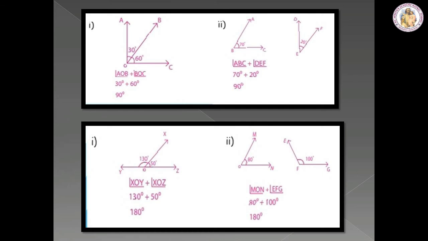The next picture, the same thing but they are given separately. 70 degree plus 20 degree, we will get the answer 90 degree. That is also complementary angles. The next picture, which is below, shows supplementary angles. Angle XOY is equal to 130 degree, XOZ is equal to 50 degree. 130 plus 50 equal to 180 degree.